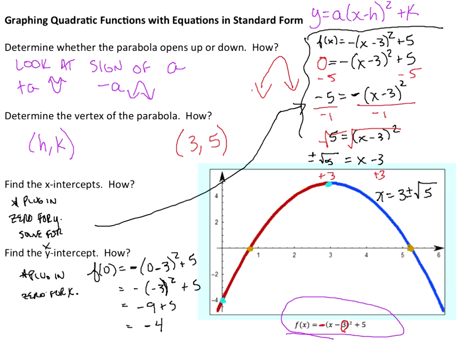So we have the point (3, 5) is the vertex. No matter what form your equation is, how you're graphing it, you always, always, always have to graph the vertex. You can't just kind of fudge it at the top. You have to figure out what the actual real vertex is, and that has to be part of your graph of your parabola. 3 points determine a parabola, and so we usually just use the x-intercepts and the y-intercept to sort of give us a guideline to graphing the remainder of the parabola.